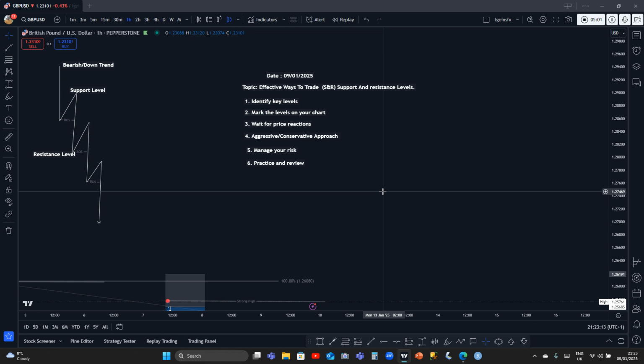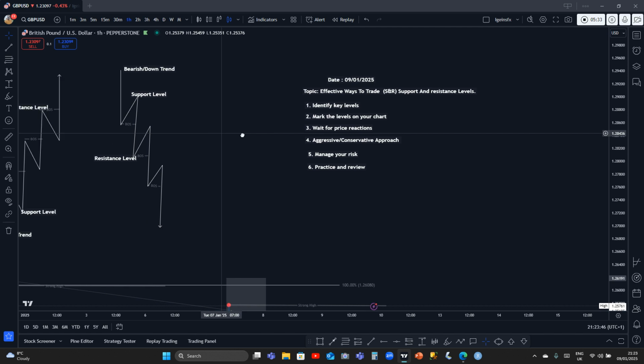Once you look at your chart, you see where price previously reversed or struggled to break through a certain level. These levels are what we tag as support and resistance, because once price gets to that level, it will struggle before it can break it, either going up or down.